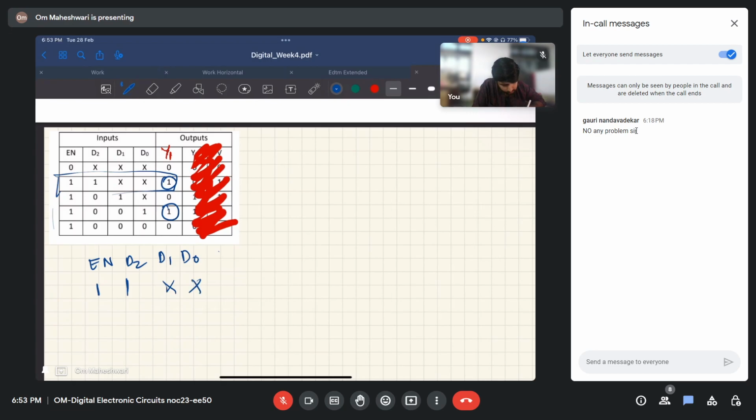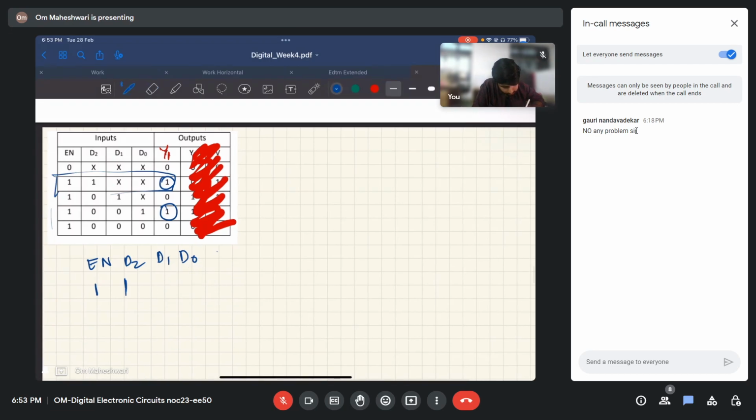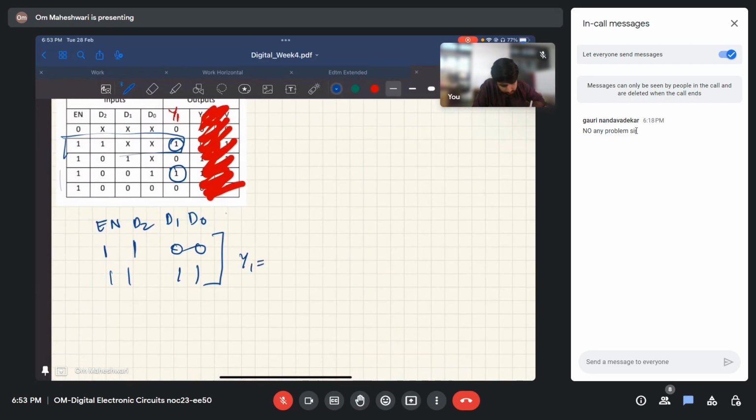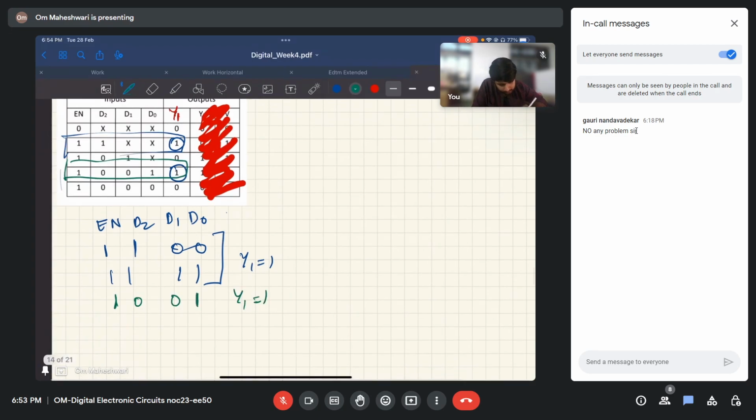These both are cross cross, so they can be both 0 and 1. So I'll write first 0, 0, 1, 1, 1, 1. For these cases, Y1 is 1. And similarly, if we look at this one, it is 1, 0, 0, 1. So Y1 is 1.